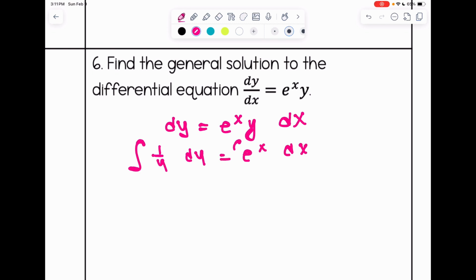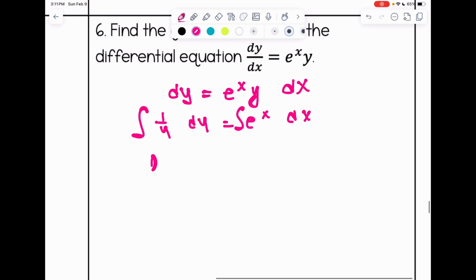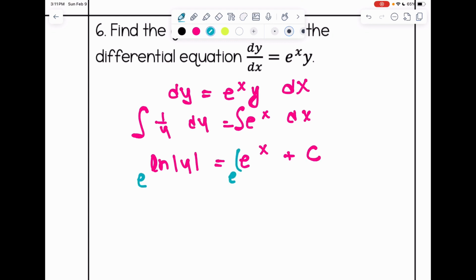And now I can integrate once those variables are separated. So I get ln of absolute value of y equals e to the x plus c. I'm going to make e the base on both sides, and that's my new exponent. Over here, everything will cancel out, and I'm just left with y. Over here, I'm left with e to the power of e to the x plus c.